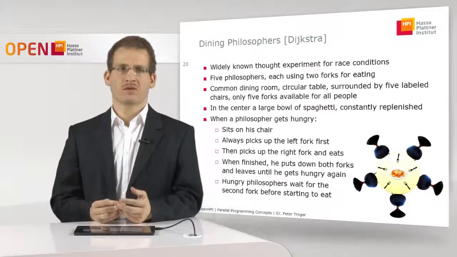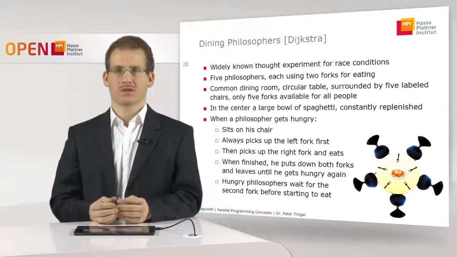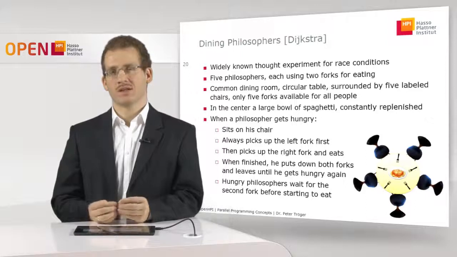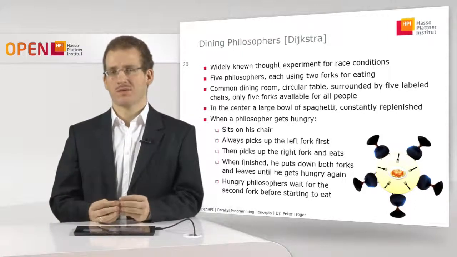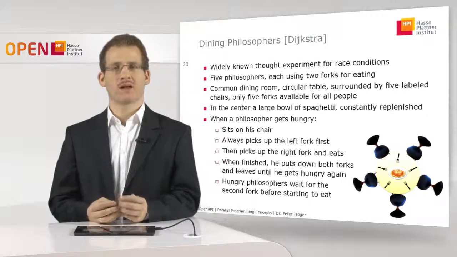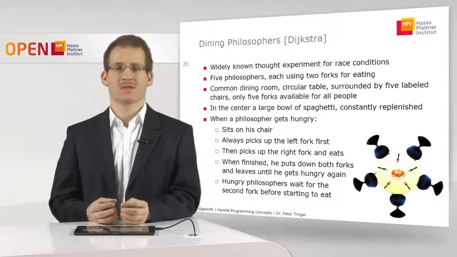On this table you also have 5 forks, and in the middle you have a large bowl of spaghetti which is constantly replenished. So the situation we have here is that each of the philosophers needs 2 forks for eating, but we actually don't have enough forks to make it possible that all of them get such resources at the same time.